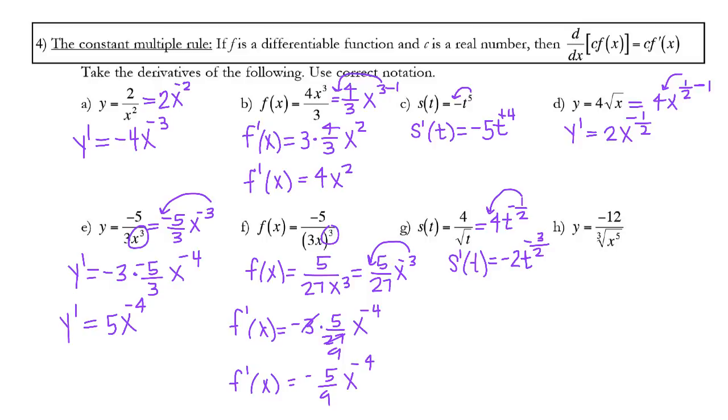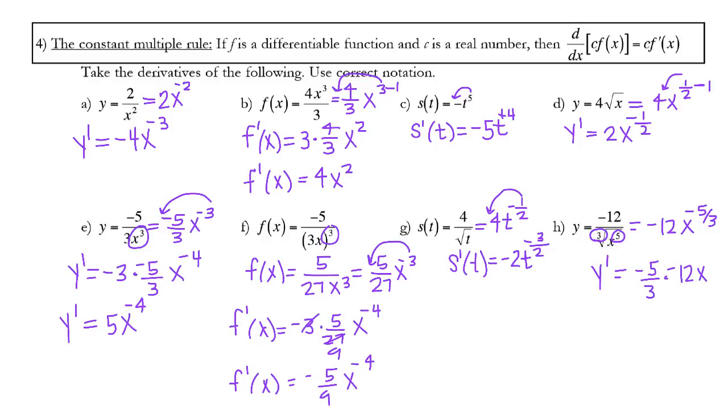Okay, for the next one, part H, again, a lot of rewriting here. The first part is really going to be the exponent of 5/3. And then if we move it up to the top, it's going to be x to the negative 5/3. Now we're ready to find y prime. So I'm going to multiply negative 5/3 times negative 12.